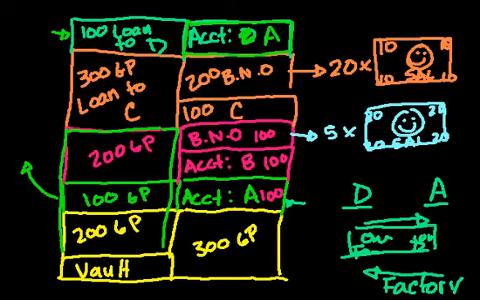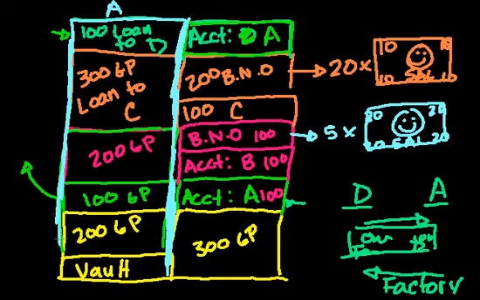Let me label things a little bit more, because sometimes I assume too much. Remember, these are the assets. The assets are all of these. Let me make a bold line here. All of this is the assets of this bank, including its building and its vault down there. And then the liabilities, I'll do that in red.